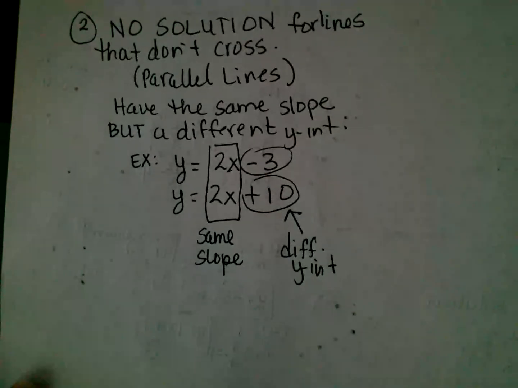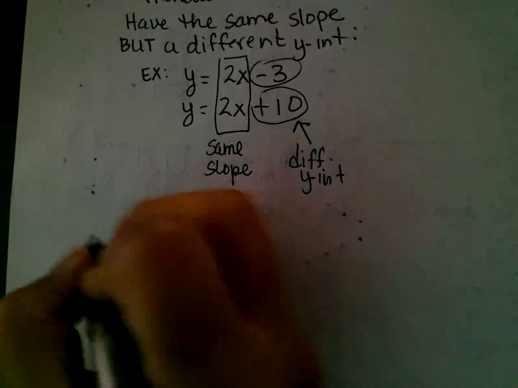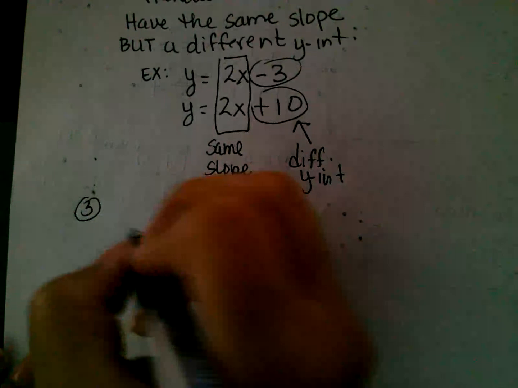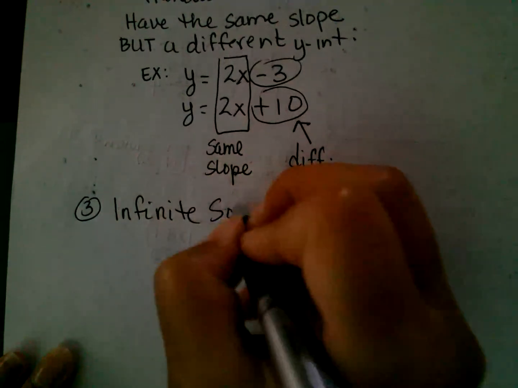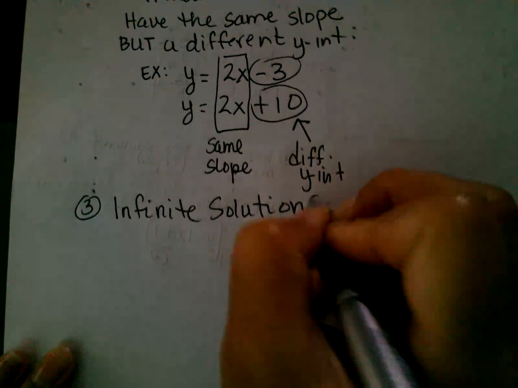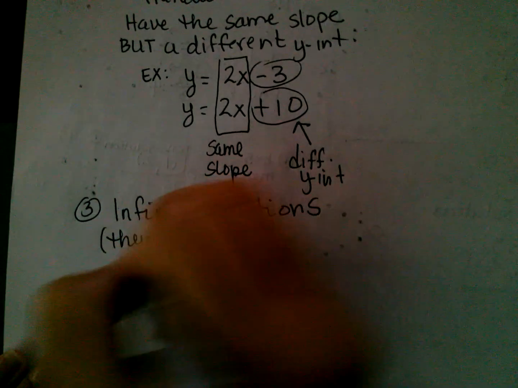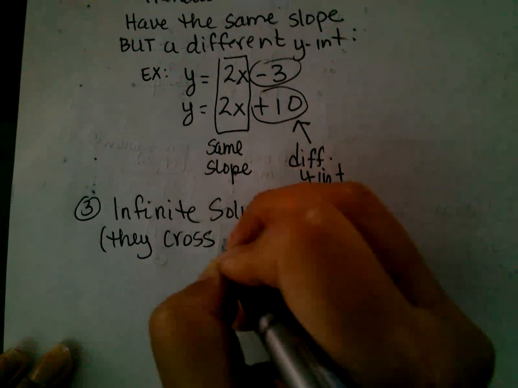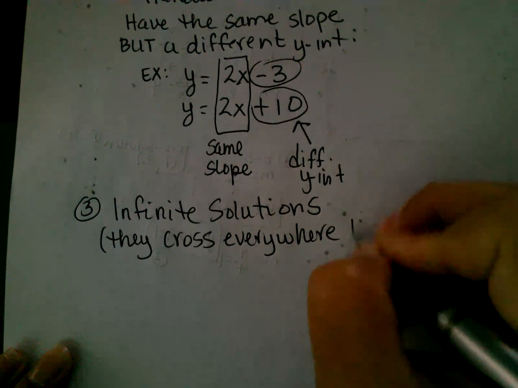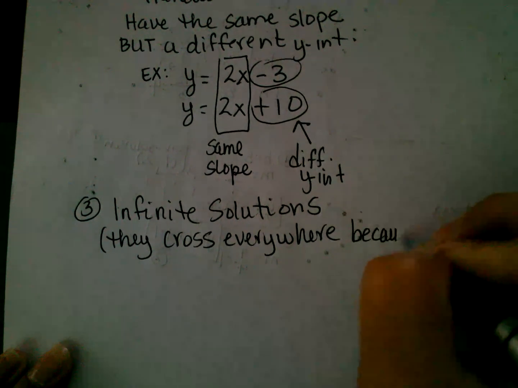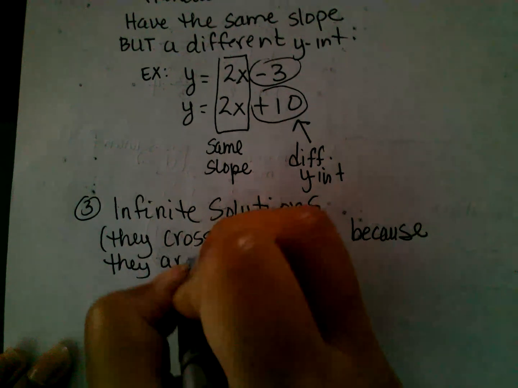So for example, if I gave you this, so they will cross everywhere because they are the same lines.